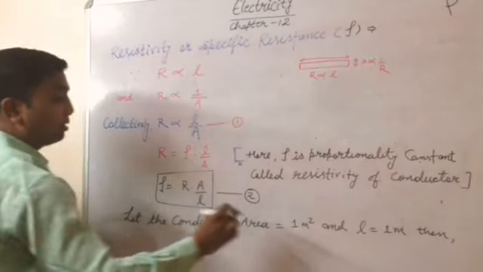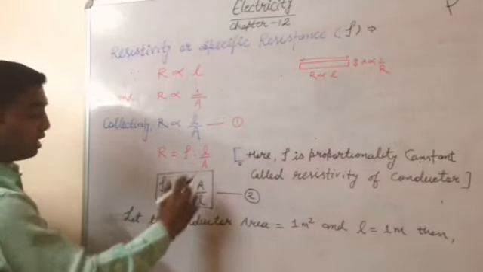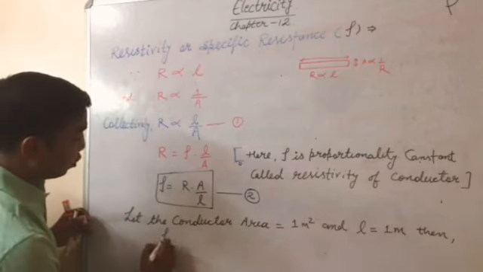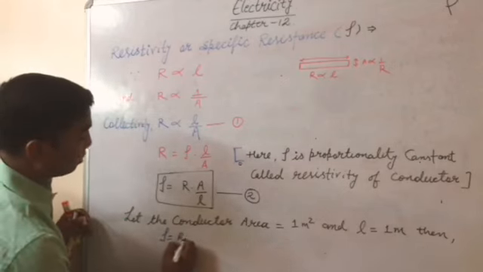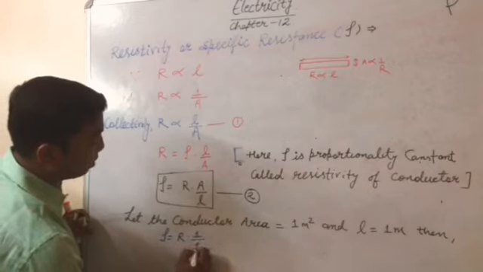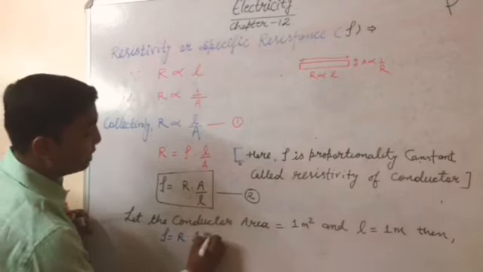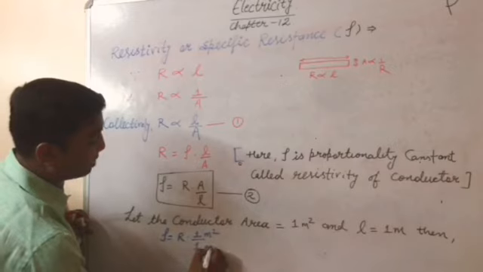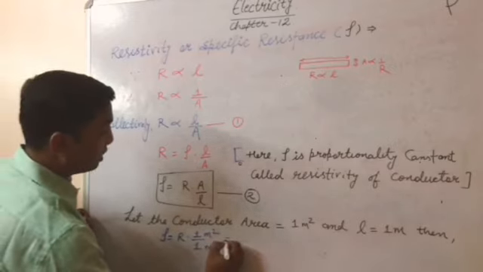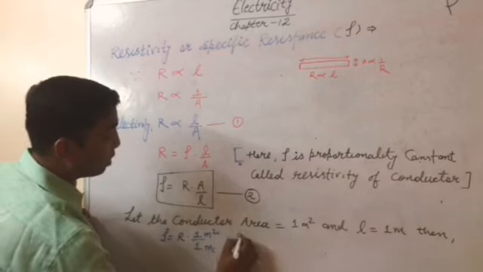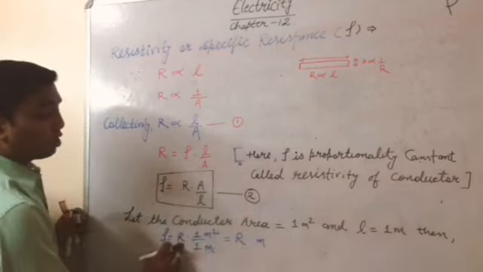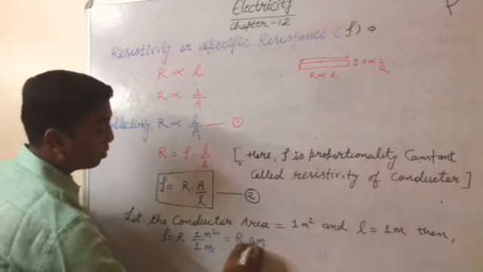If we put these values here, then this relation will look like this: rho equal to R dot 1 upon 1. In place of area we will write meter square, and in place of length we will write meter, so this meter will cancel. So ultimately rho would become R ohm, since the unit of resistance is ohm.